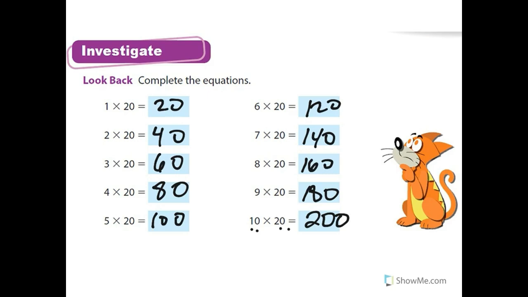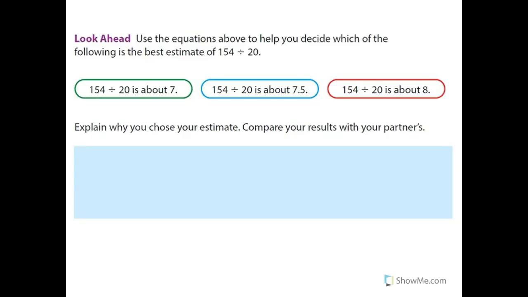All right, well, let's look ahead then. Use the equations above to help you decide which of the following is the best estimate for 154 divided by 20. Well, I think it would be our middle one here.